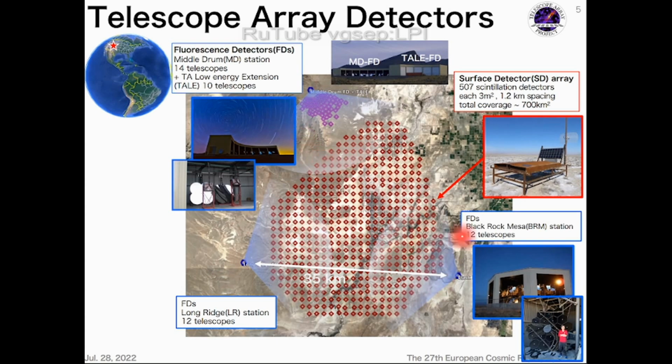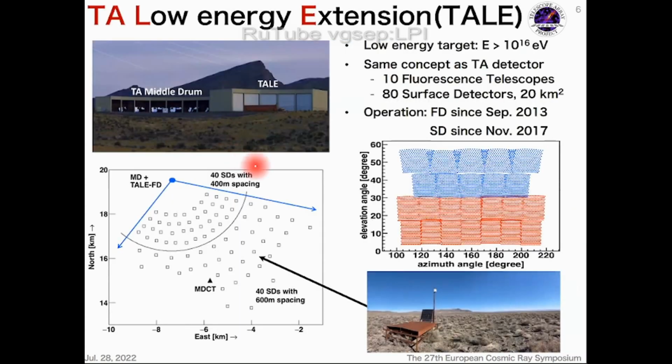This is a photo of the fluorescence detectors, and they have 38 telescopes in total. They also have a low energy extension in the north part of the Telescope Array site. This is a map of the low energy extension, the so-called TALE experiment.